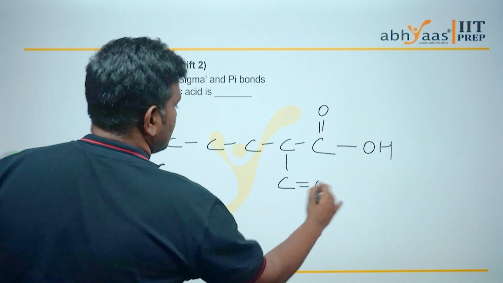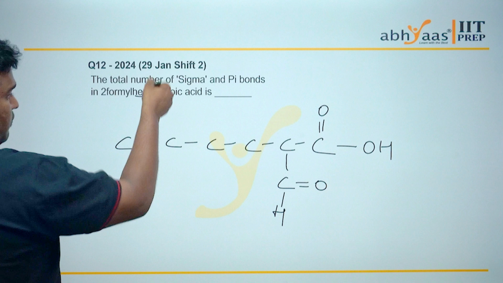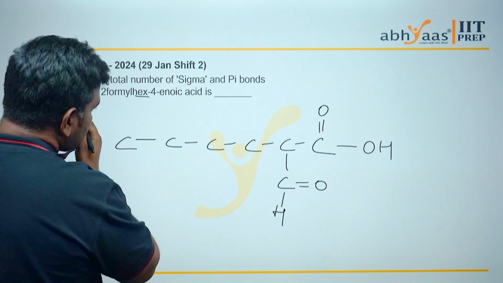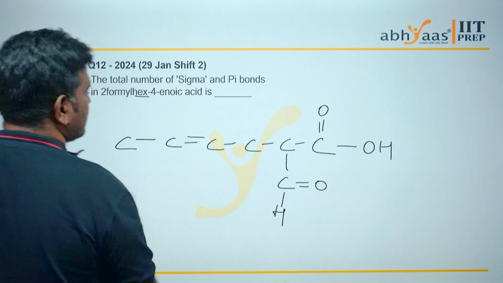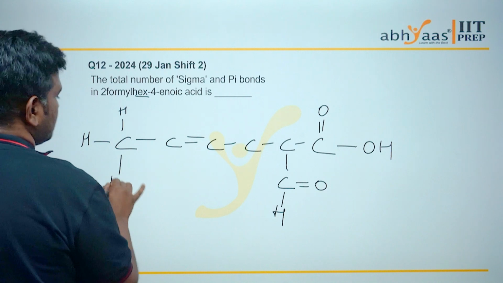atom, right? Now the 4-enoic. So on the 4th carbon atom, you will be having this particular double bond, 1, 2, 3, 4. Right. Now we can go for filling the hydrogen atoms.